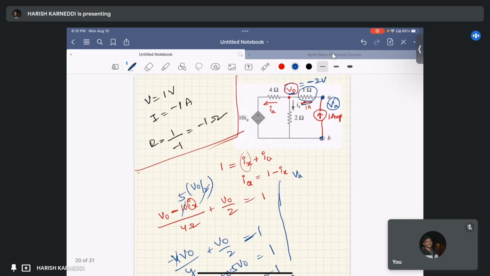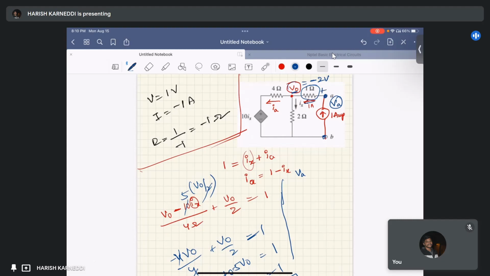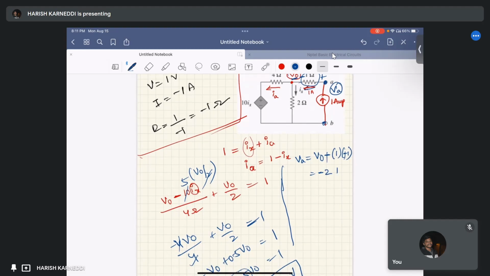So VA equal to, this is plus minus, why? Because of our 1 ohm resistor, so V naught minus 1 into, the current is flowing towards this direction, so that is 1. Therefore VA equal to V naught plus 1. The V naught is minus 2 volts plus 1, that is equal to minus 1.